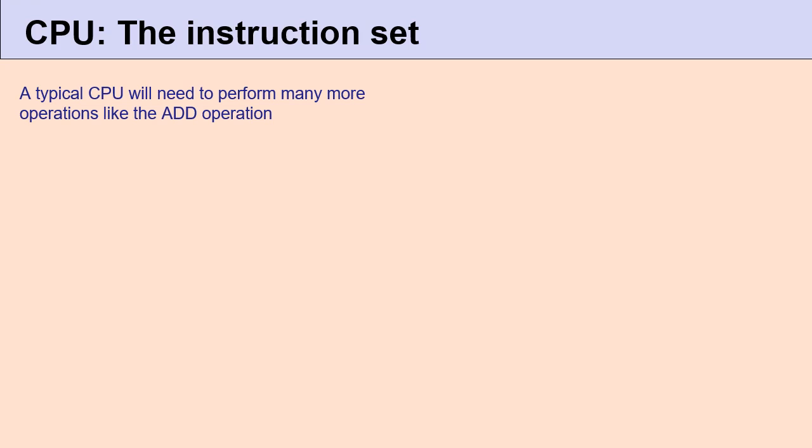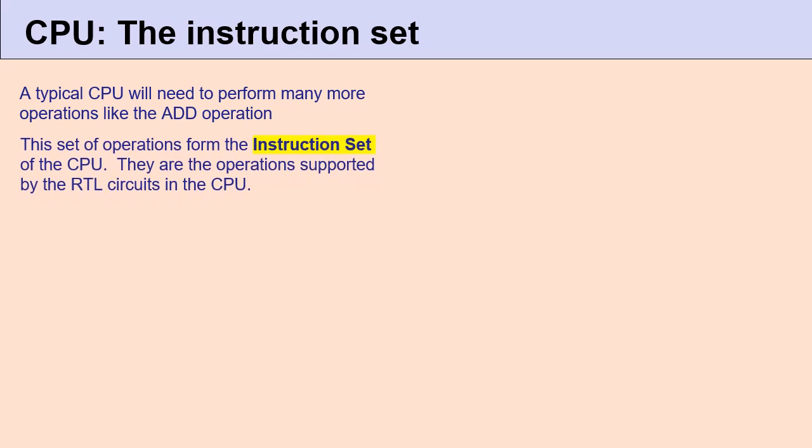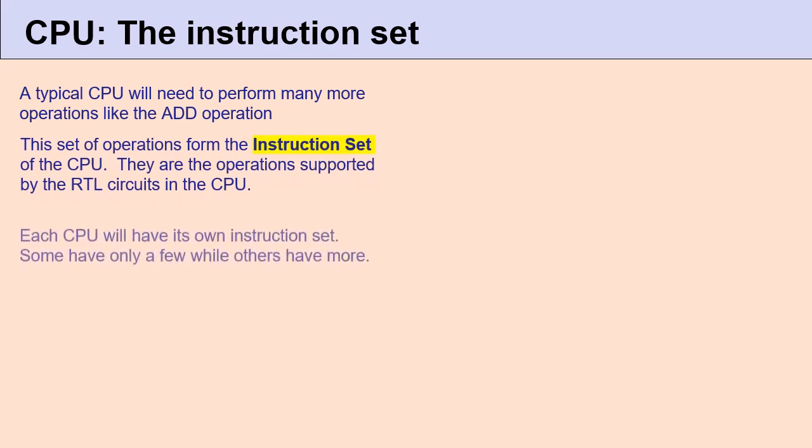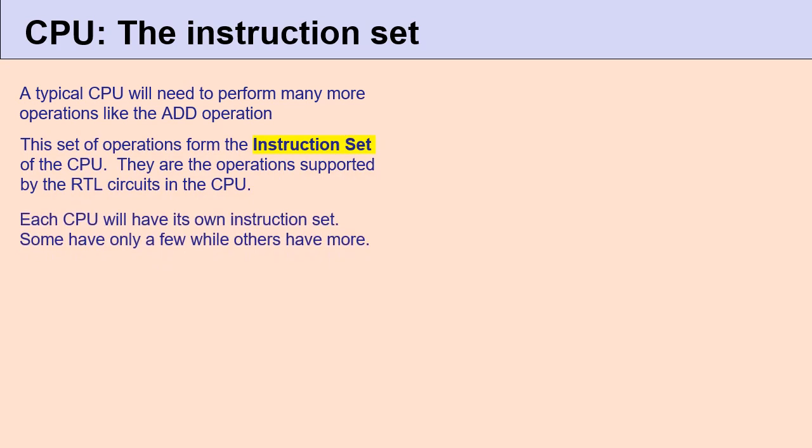These operations that a particular CPU can perform are called the instruction set of the CPU. The instruction set will depend on the CPU. It can change from one CPU to another. For example, the Z80 CPU manufactured by Zilog will have its own instruction set. Similarly, a Pentium CPU or a Core i7 CPU manufactured by Intel will have its own set of instructions.